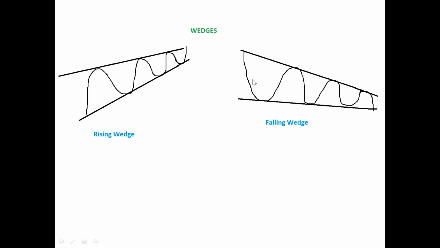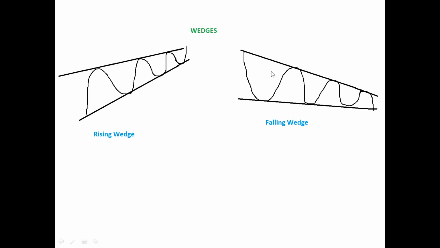The price is moving between these two trend lines, making lower lows and lower highs. So you see, this low is lower than this low, this low is lower than this low. Also here, this high is lower than this high, and this high is lower than this high. So the price is making lower highs and lower lows.